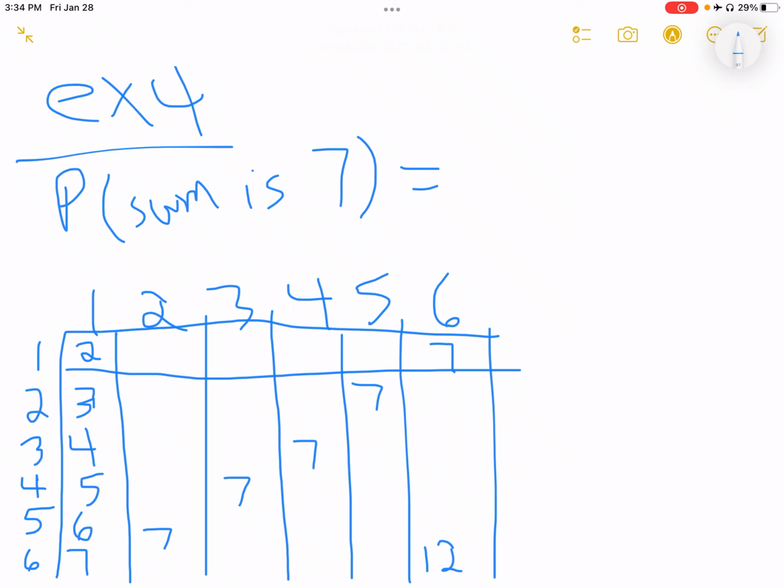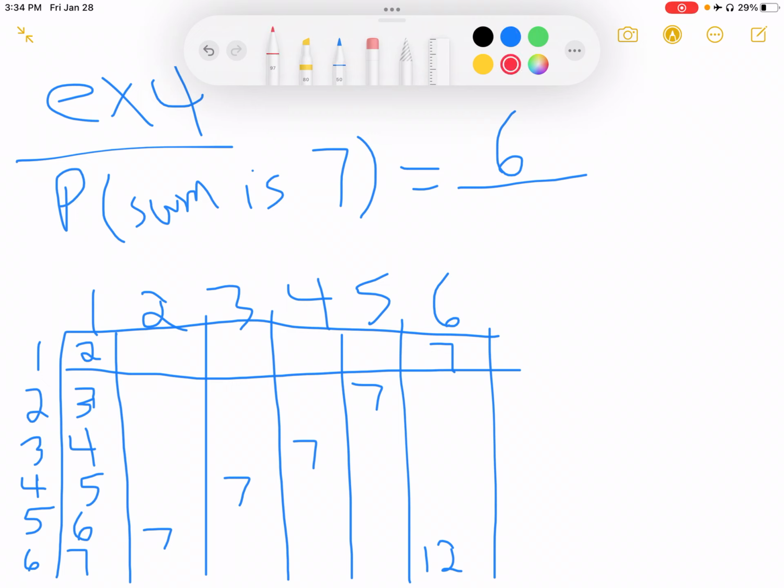So if I count the total number of these, we have 1, 2, 3, 4, 5, 6. Okay, so for the top number, I'd have 6, right? That's the number of outcomes I'm looking for. And if you think about this little table that I drew here, since each die has 6 possibilities and there are 2 dice, then the total number of outcomes is just 6 times 6.